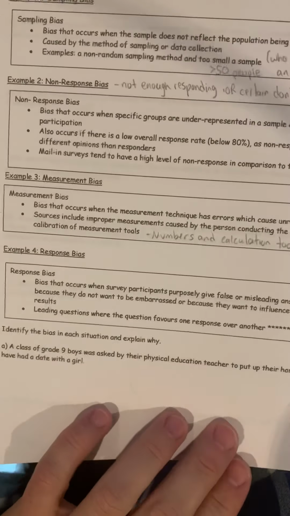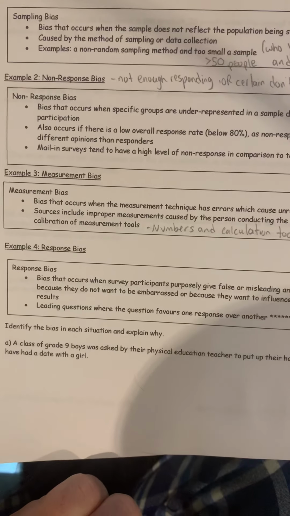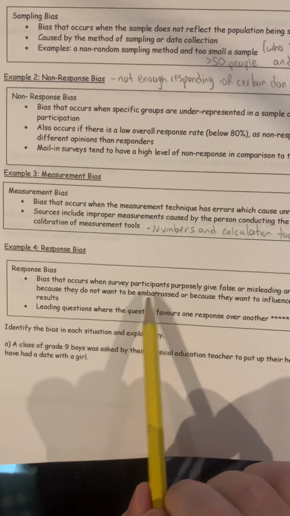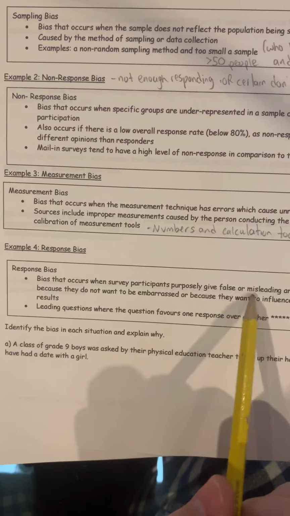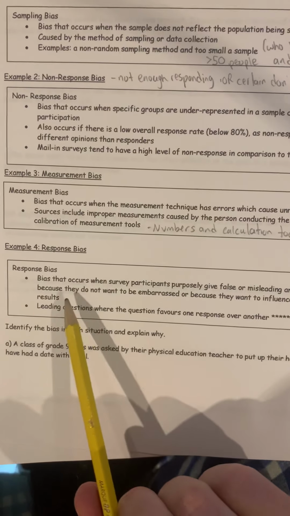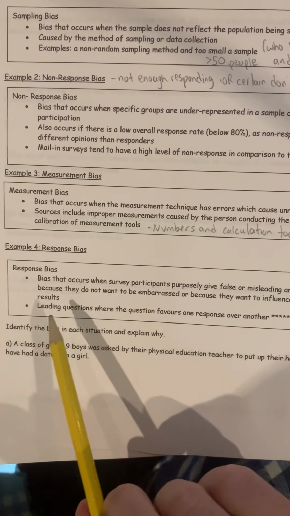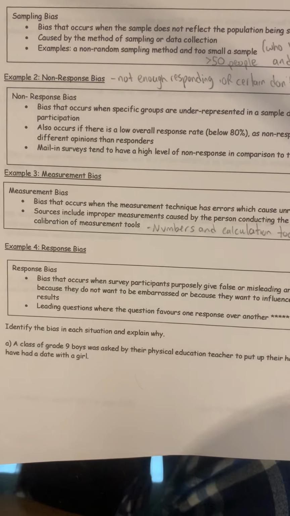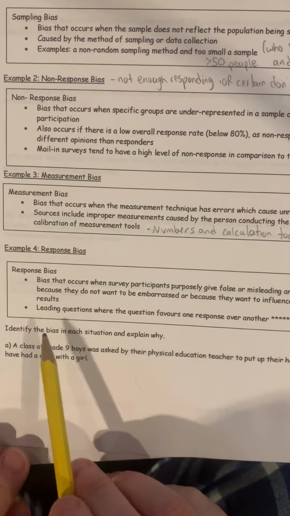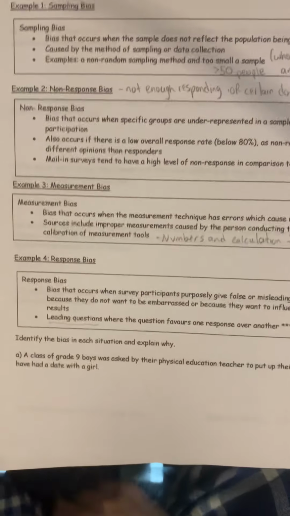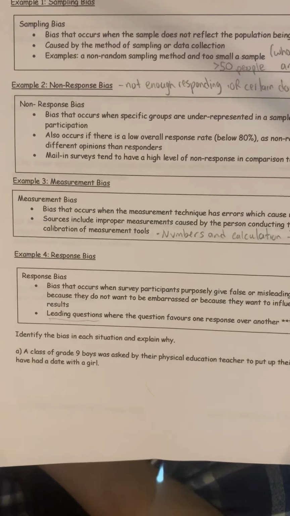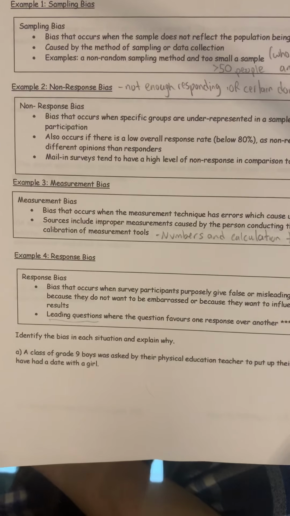Then our last one is response bias. Bias that occurs when survey participants purposely give false or misleading answers. Perhaps they don't want to be embarrassed, and they want to influence the survey results. Often leading questions cause this. Remember the one we did with the cell phone a couple sections ago?